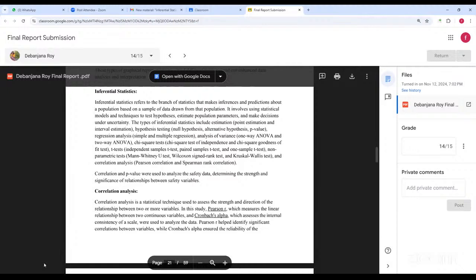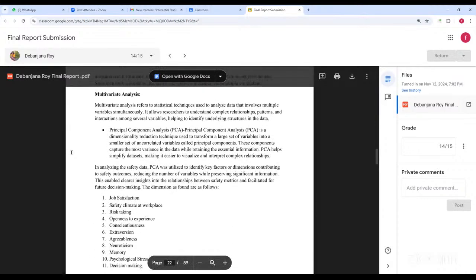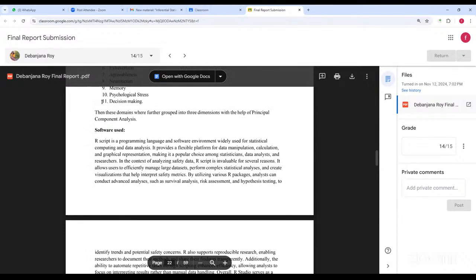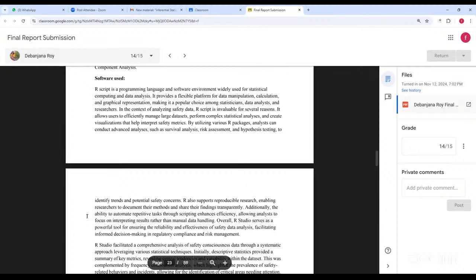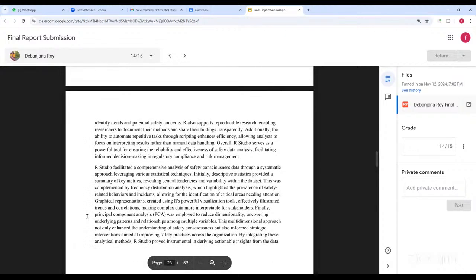And you can show the correspondence map also. Software use, that is the R script, R Studio. And you have to add what libraries are used in case of the correspondence analysis.